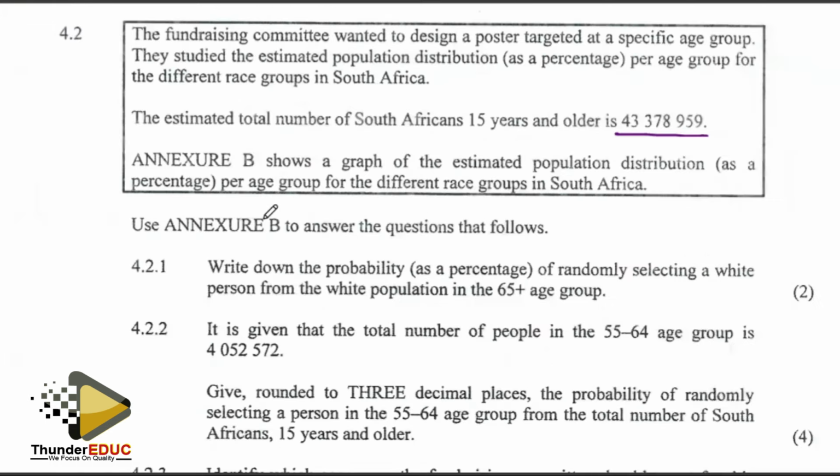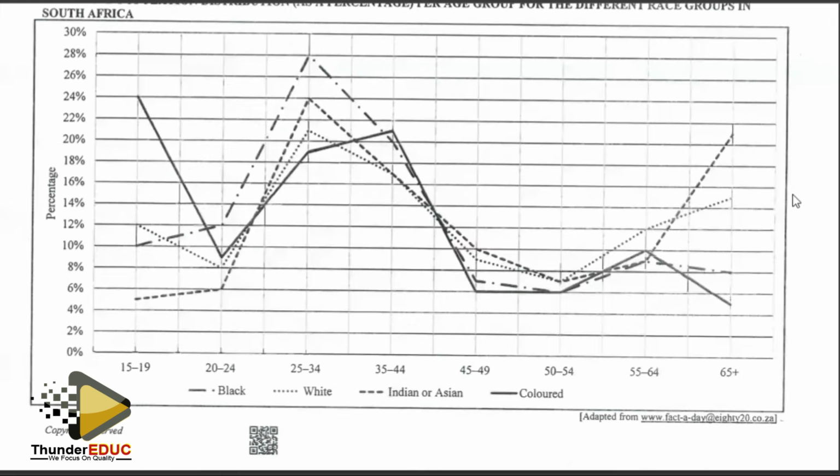So here we go. Write down the probability as a percentage of randomly selecting a white person from the white population in the age of 65 years and plus. So we go to the annexure, white, represented with a dot. So we come here, this is it.